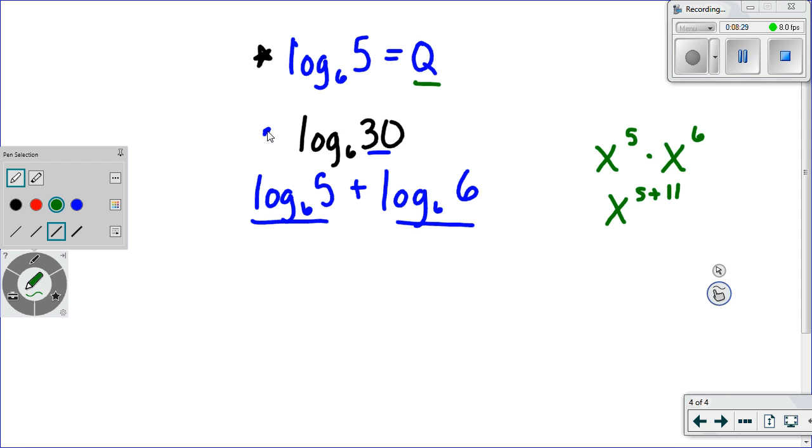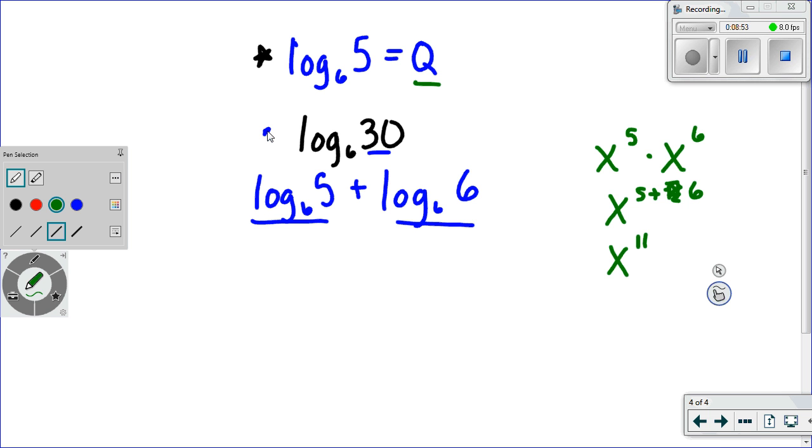Multiplying exponents is going to be my power property, not my product property. So, whoops, what I meant to say is 5 plus 6. So hopefully you caught that the first time. So in other words, x to the 11th power, right? My product property actually has me adding my exponents, okay?